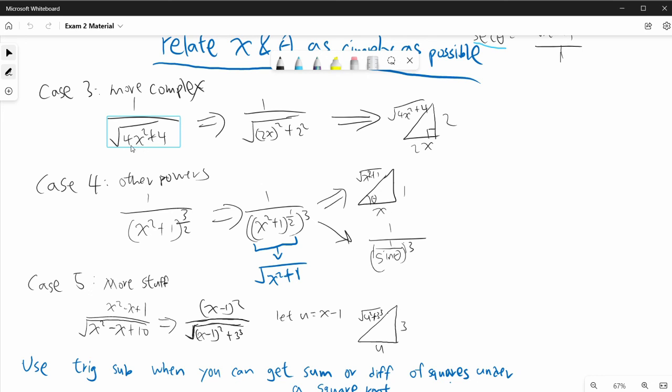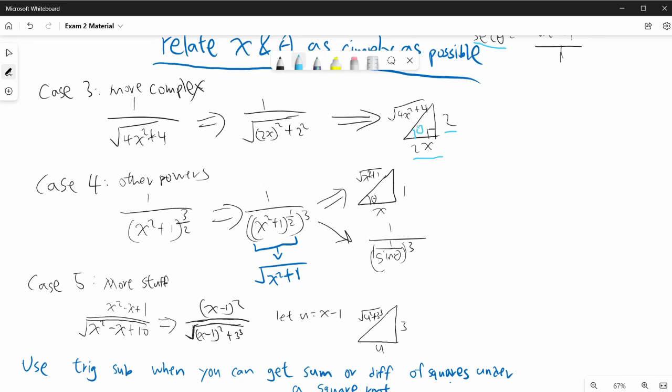In this case, we can look at this 4x squared as (2x) squared. And instead of one side of our triangle being just x, we have 2x and 2. So the hypotenuse would be the square root of 4x squared plus 4.